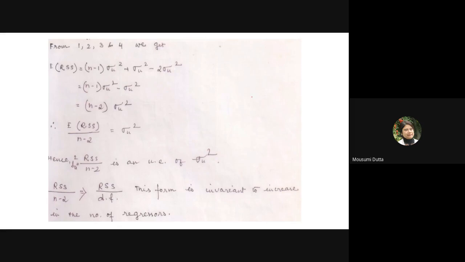So what we are getting: we started with expectation of ei, which is RSS by n.